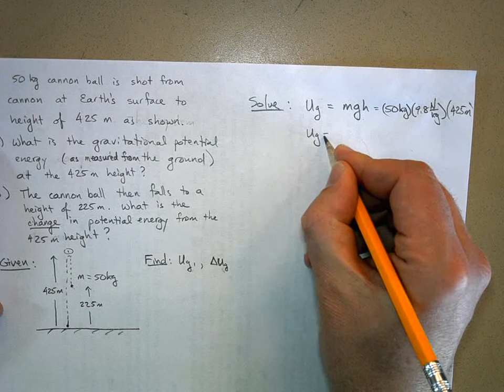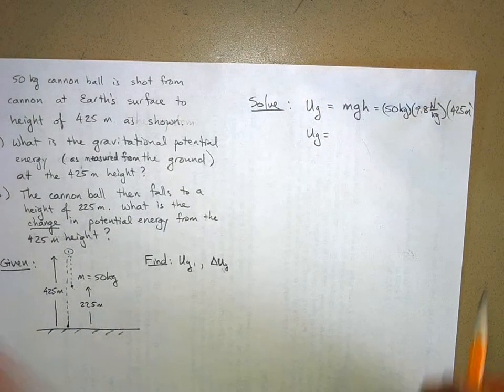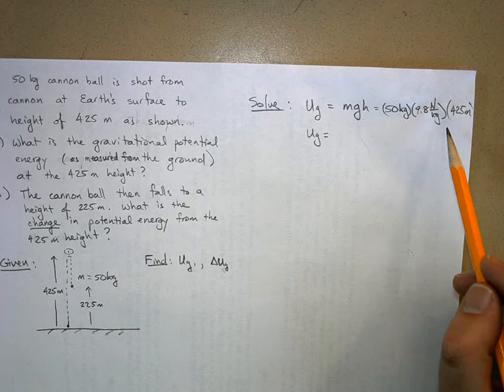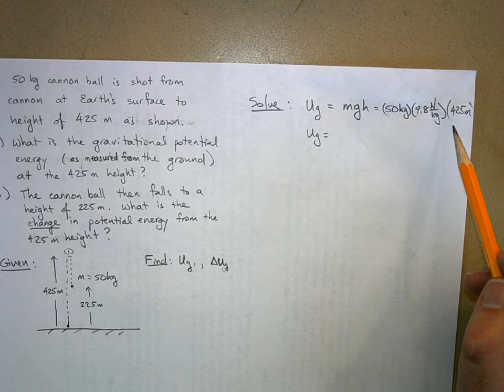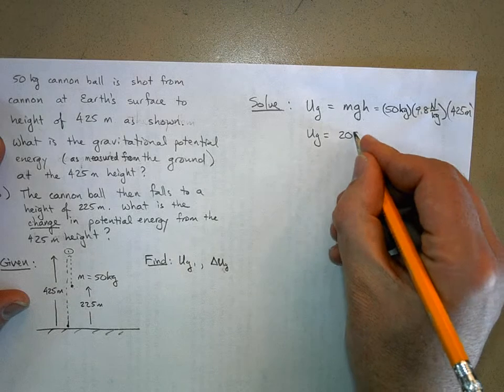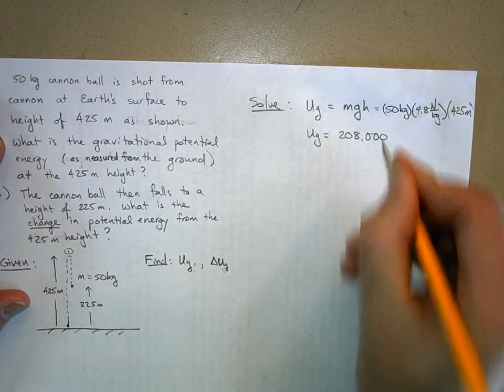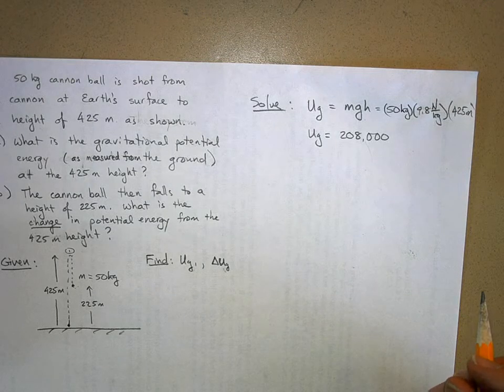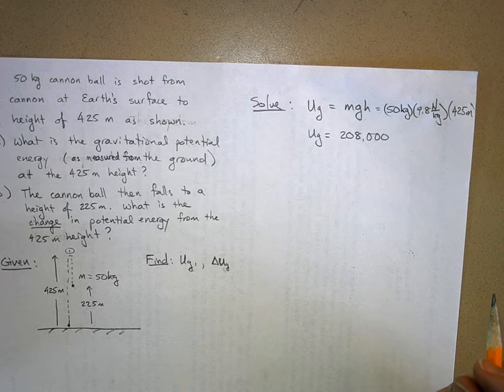So U sub G is equal to, what do you get when you multiply 50 times that? So that's like 500, 200 what? 208,000 joules. Is that correct? Everybody agree with that? 208,250.